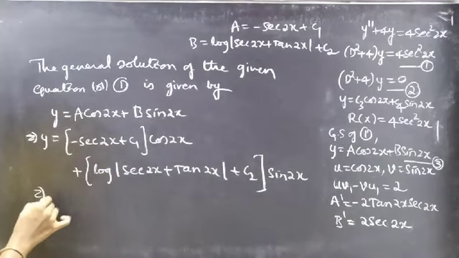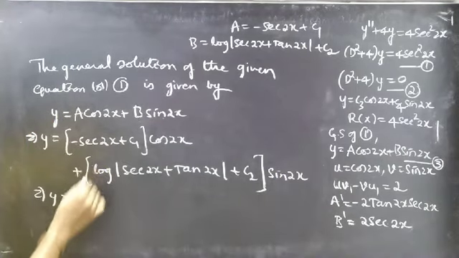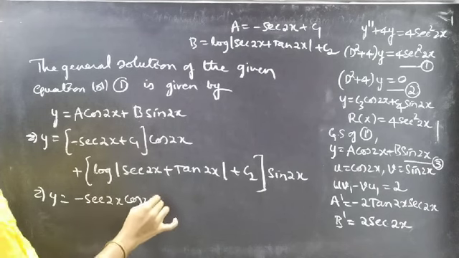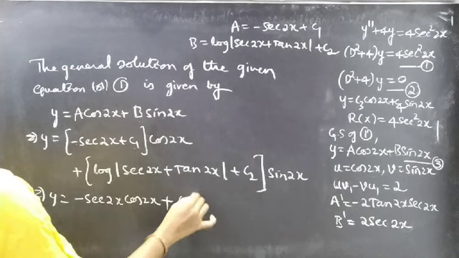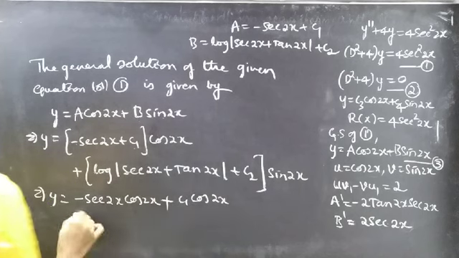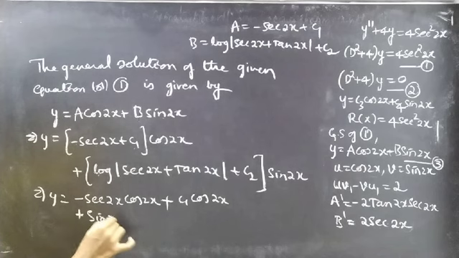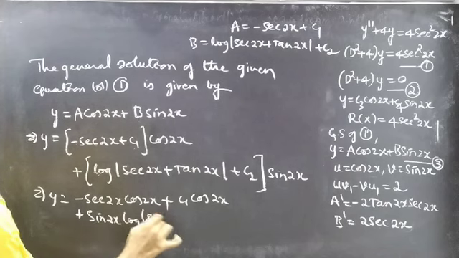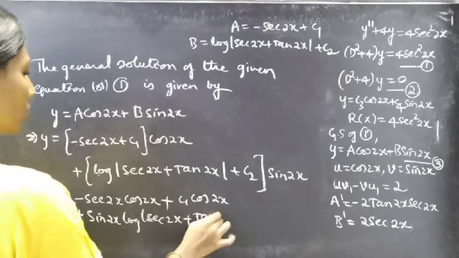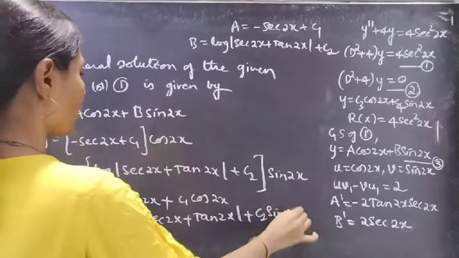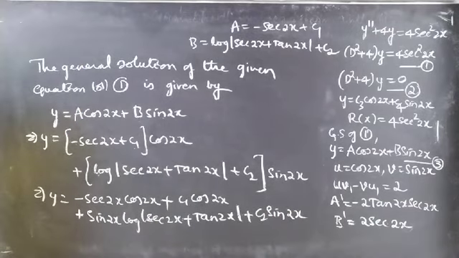From this we'll get y equal to minus secant 2x into cos 2x plus c1 cos 2x plus sin 2x into log mod secant 2x plus tan 2x plus c2 sin 2x, right? Now we can replace secant 2x with the reciprocal of cos 2x.